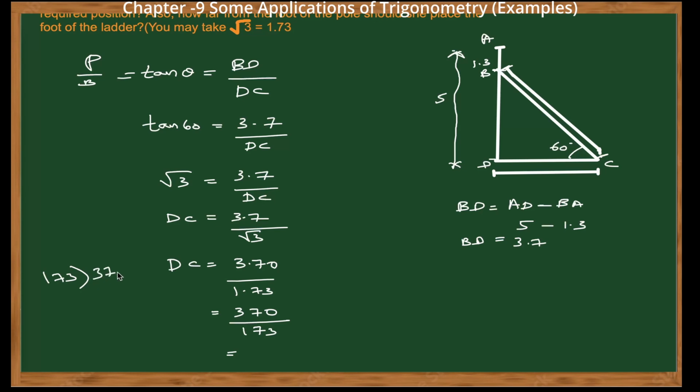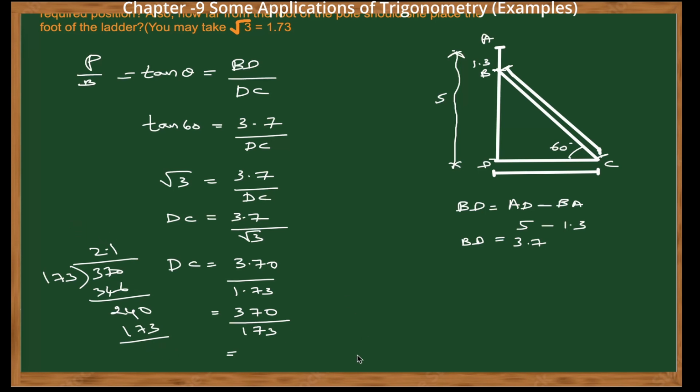One time, two times it goes, 346. So the remainder is 24, and further it goes.